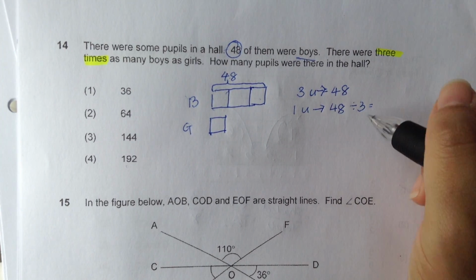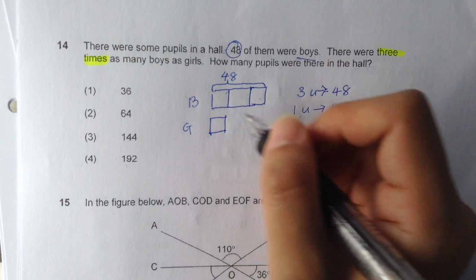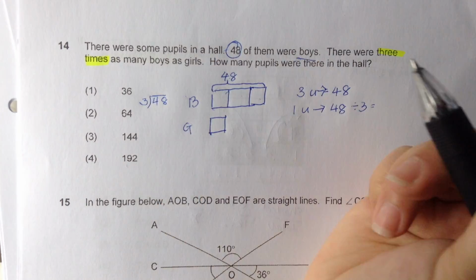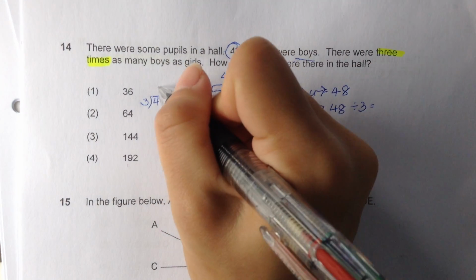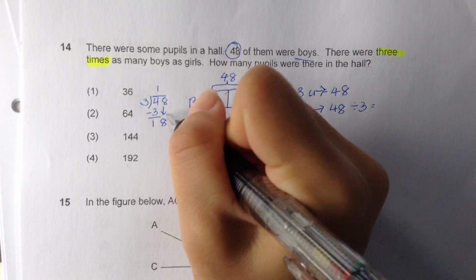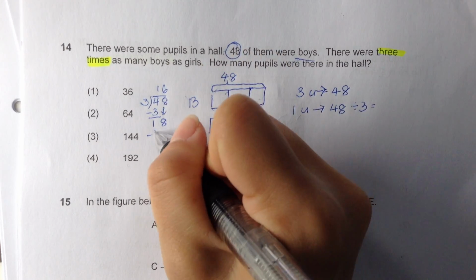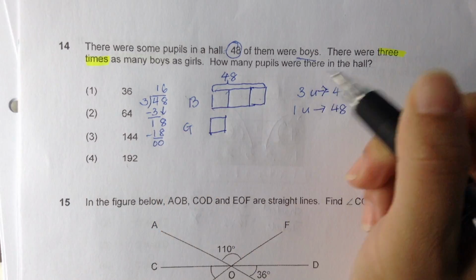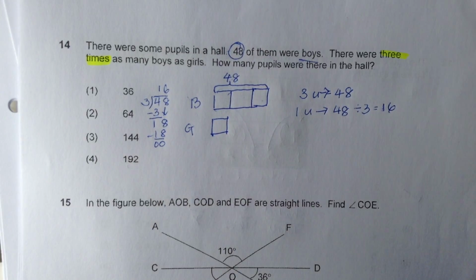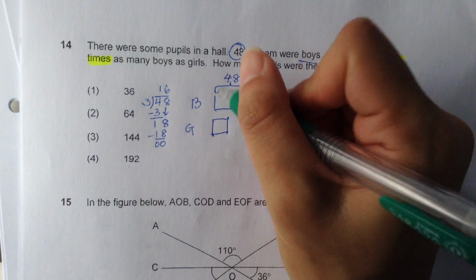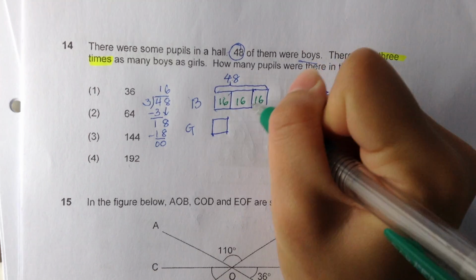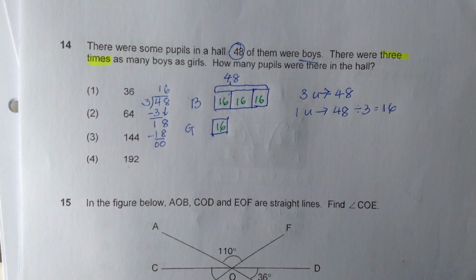So I can do my working. So I get 16, which means the number inside each box is 16.